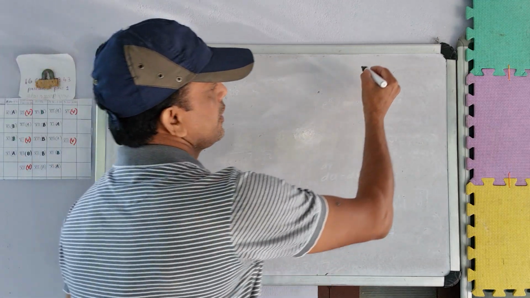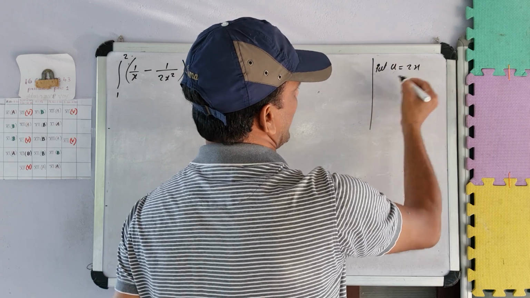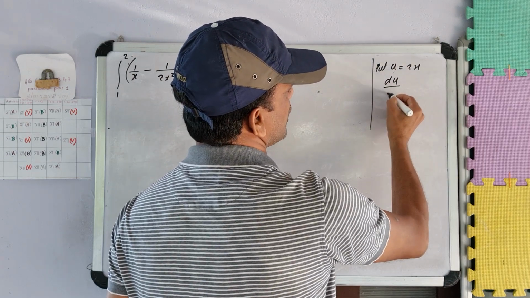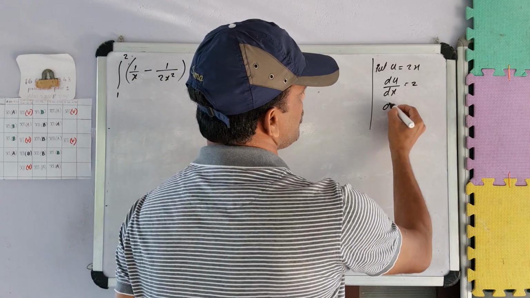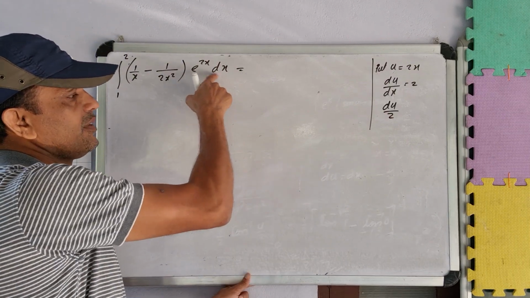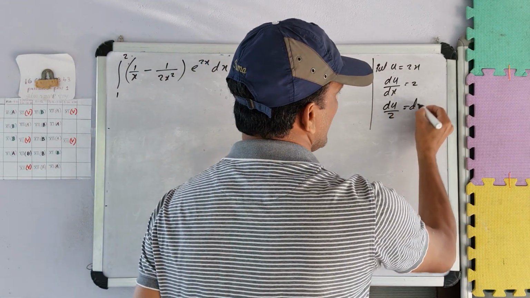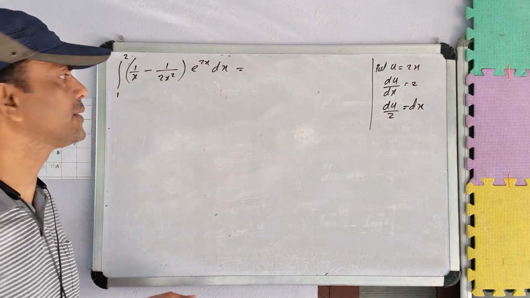Now, I do one thing. I substitute u equals 2x. Then du over dx equals 2, and du over 2, taking this 2 to the other side, equals dx. Now, I change the limits.